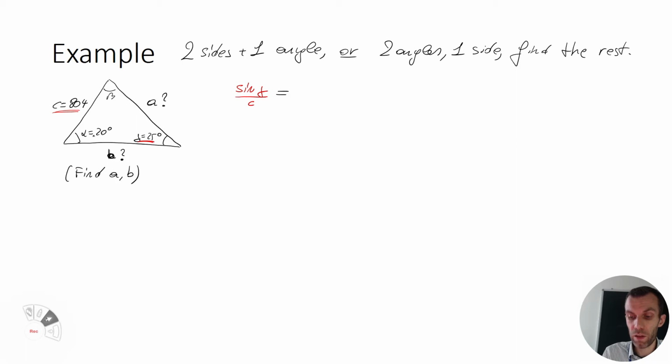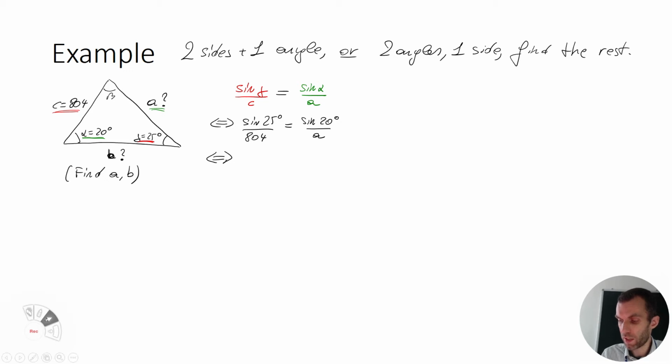But I know alpha, and I want to find A. So this is sine alpha divided by A. Now let's plug in the values that were given. So we have sine 25 degrees over 804 is equal to sine 20 degrees divided by A.